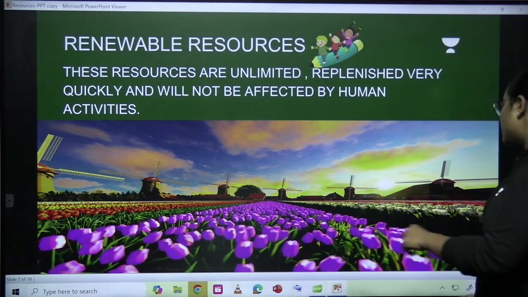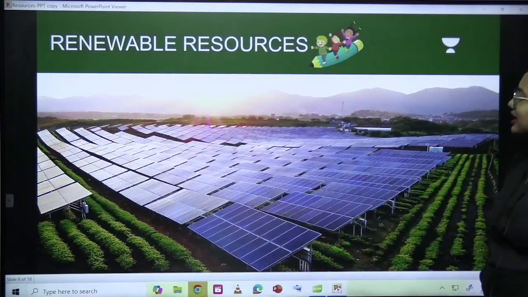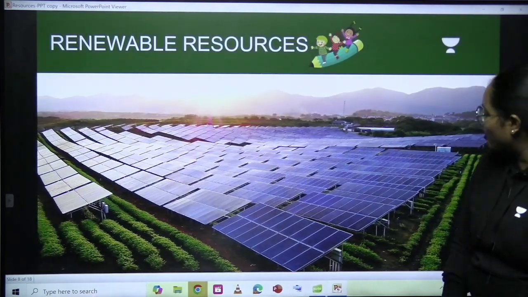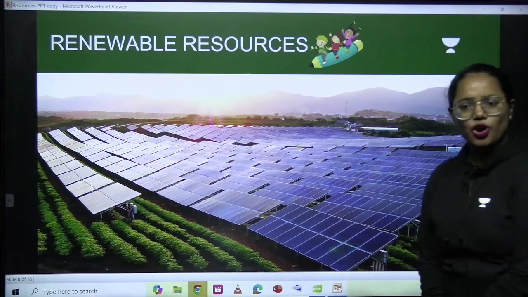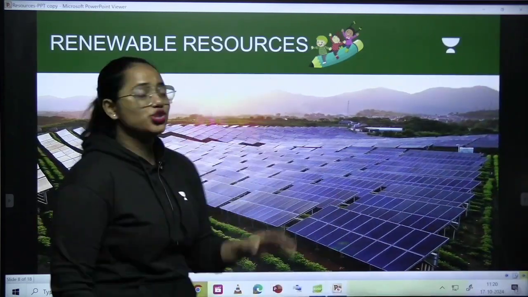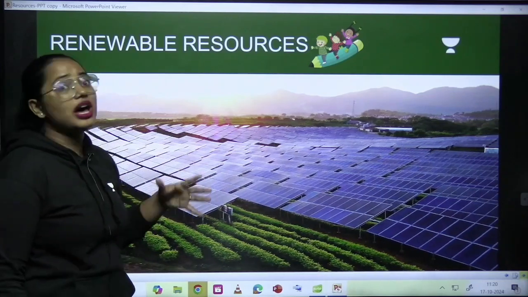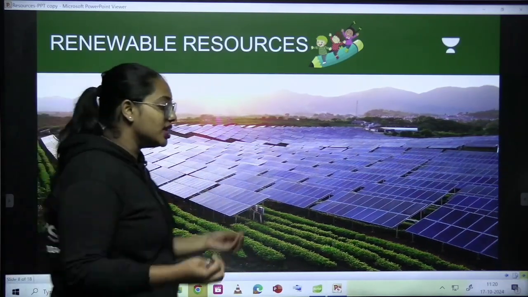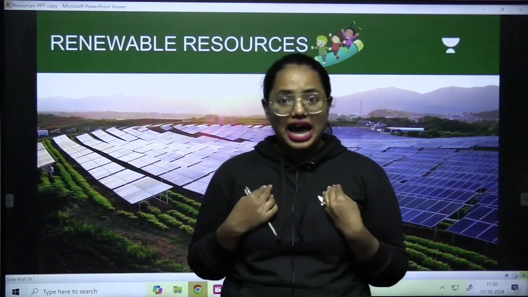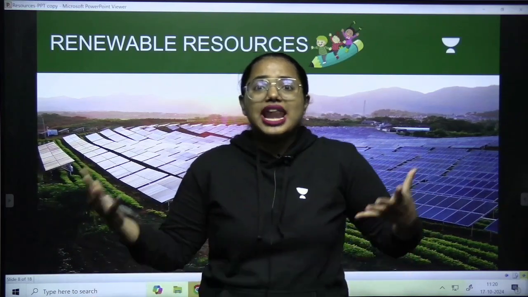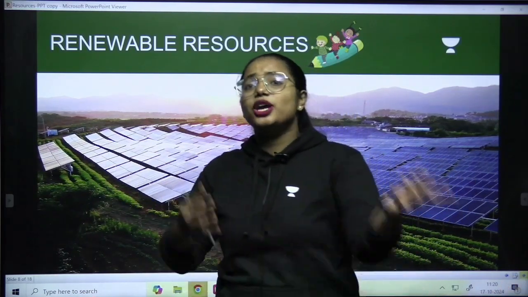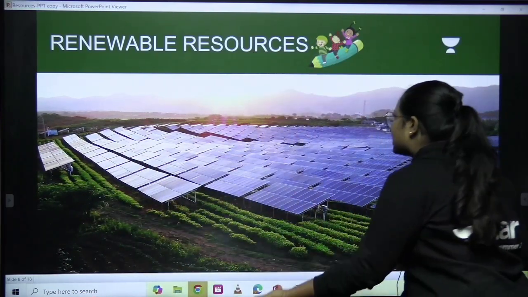Let me give you one more example for this. So look at this. What are these? Solar cells, right? Yes. How do these solar cells work? With solar energy. The sun is a basic source that we have, and the solar energy that we get can be utilized to power things like this.